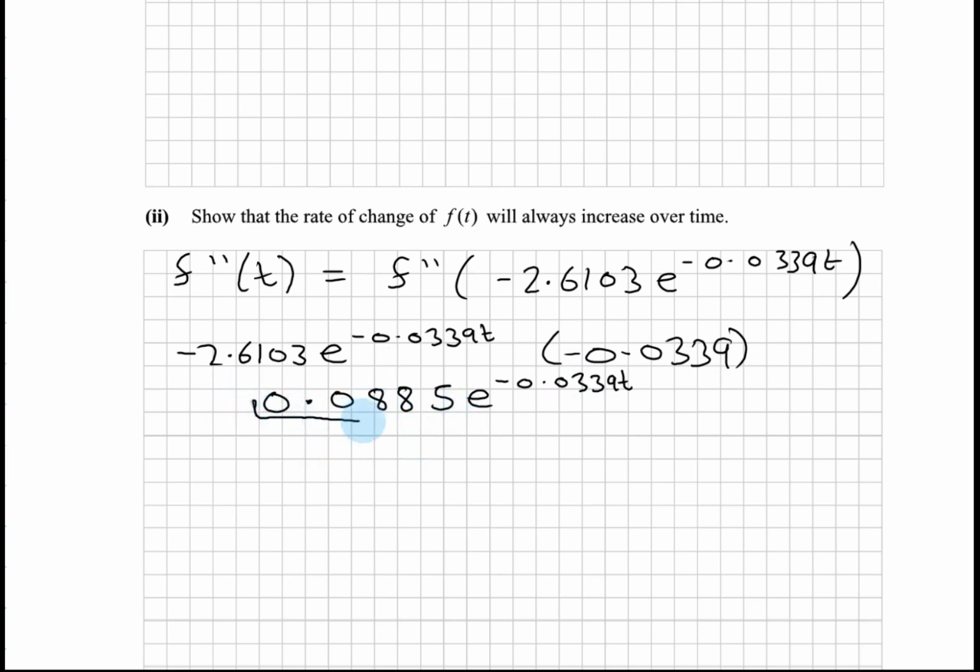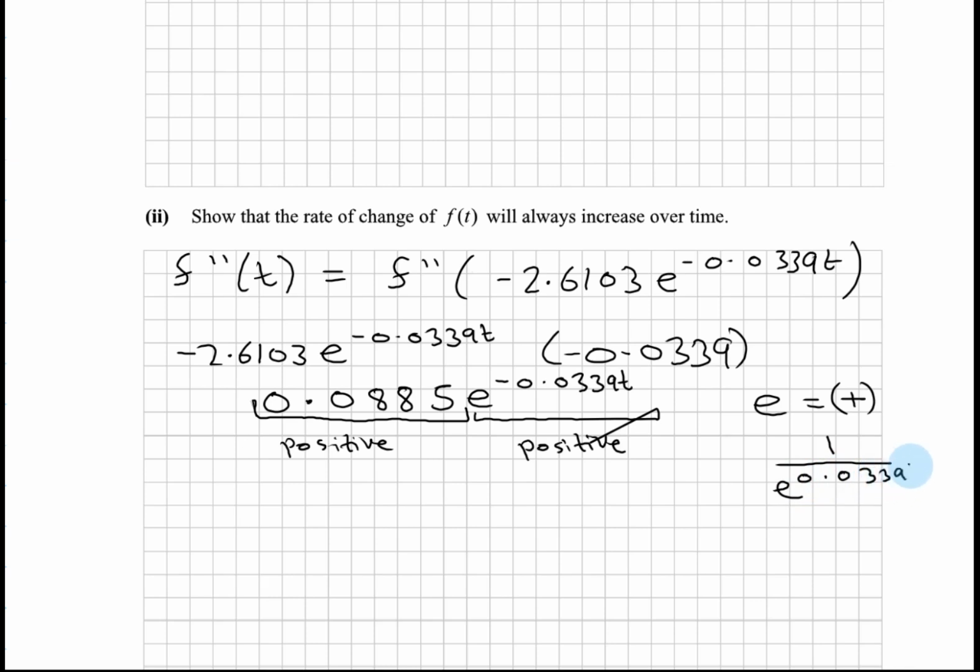So we can basically say that this is positive, and this has to be positive, because e is always a positive number, and when we have the negative, we know that's basically 1 divided by e to the power of 0.0339 t. So 1 divided by a positive number is still going to be positive. So that means that it's always increasing over time. So we can make that look a bit nicer.